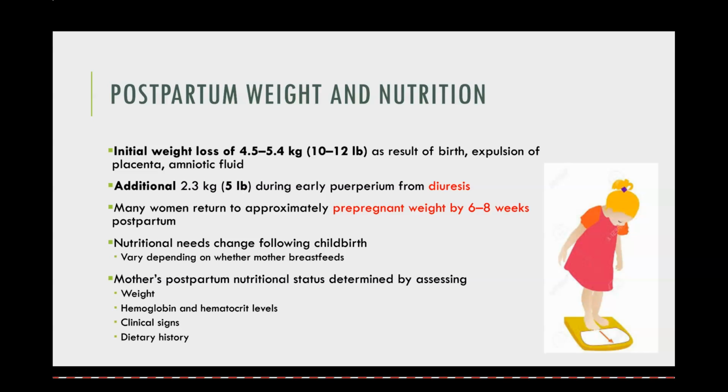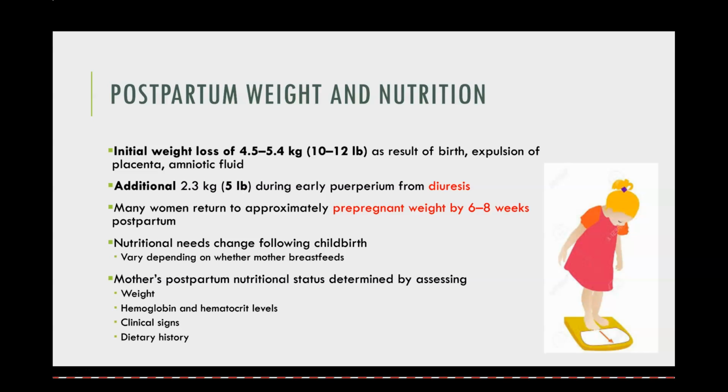The initial weight loss that you will see in the postpartum period as a result of birth and the expulsion of the fetus and the placenta and the amniotic fluid is around 10 to 12 pounds. So that's a lot of weight to lose at one time.